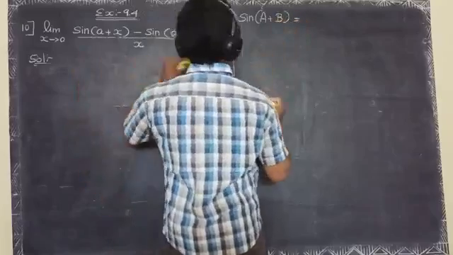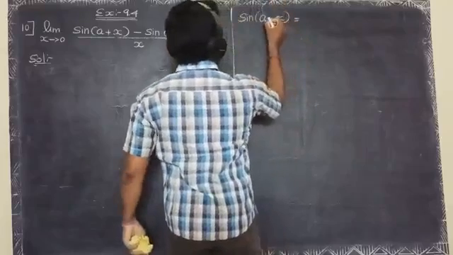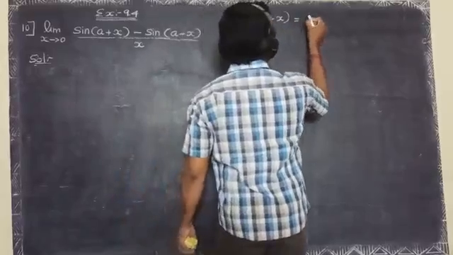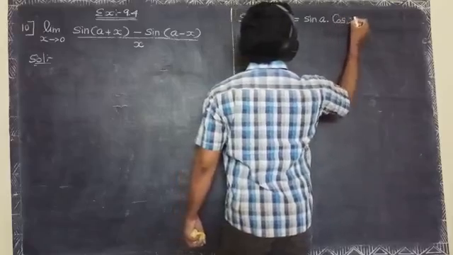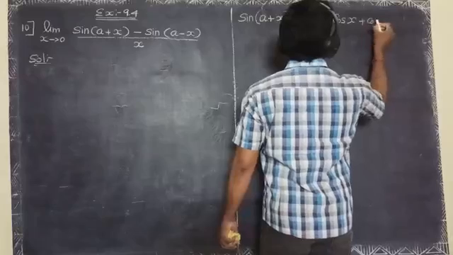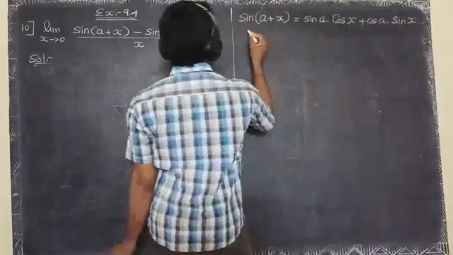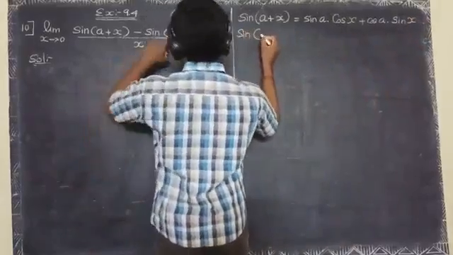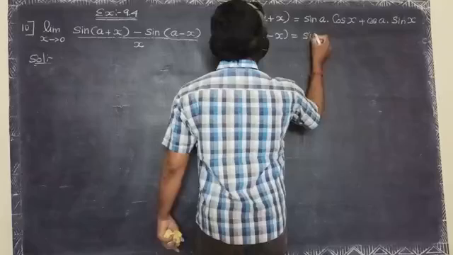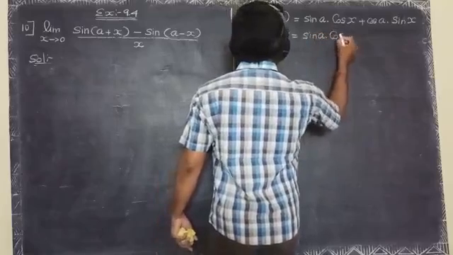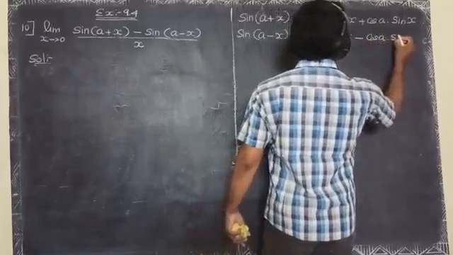Similarly, in the same process, sin(a + x) is equal to sin a cos x + cos a sin x, and sin(a − x) is equal to sin a cos x − cos a sin x.